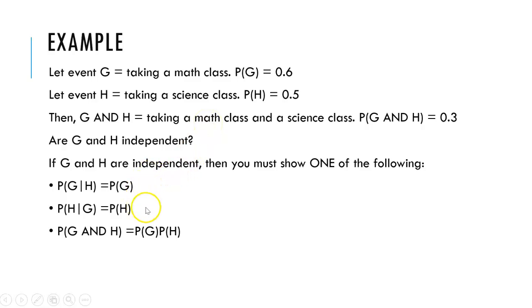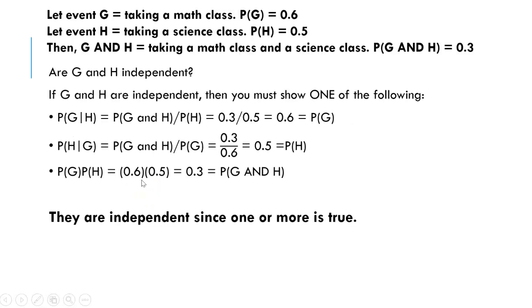So if they're independent events, one of these 3 things has got to be true. I would have to be able to show that. And so if we use these numbers that we had up here and we calculate, then they are independent because we can see one or more of them is true.